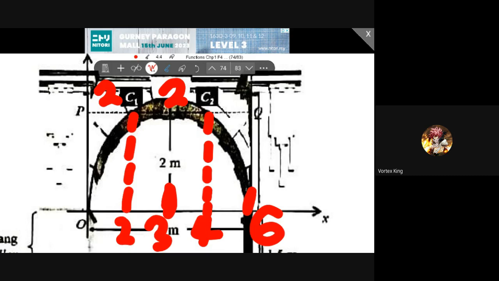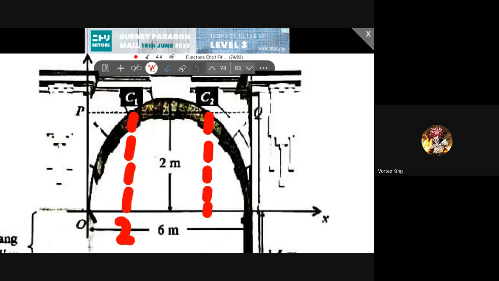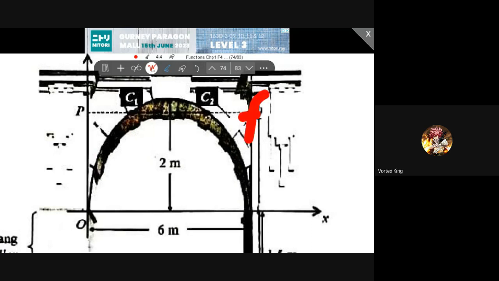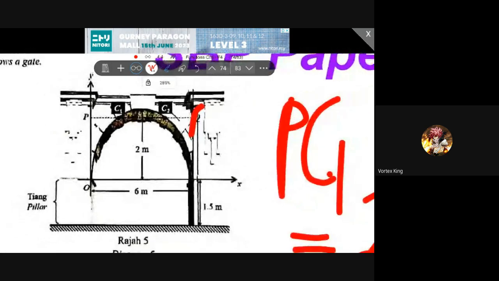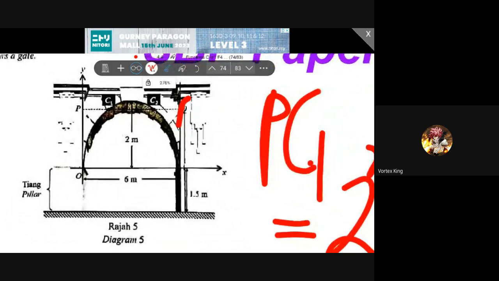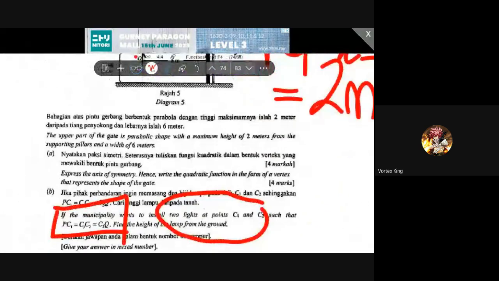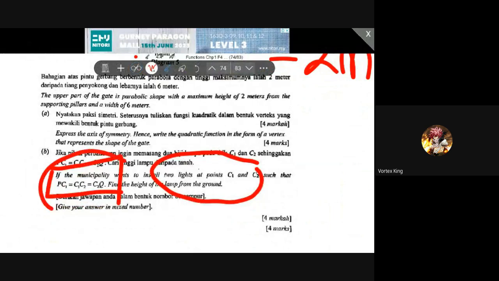So I proceed and tell about the other parts also. Okay, so sekarang, now you have your vertex form, right? Kamu dah cari. I zoom out first. Oh, no wonder. Question already told here. See here? PC1 equals C1C2 equals C2Q. A bit confusing lah.